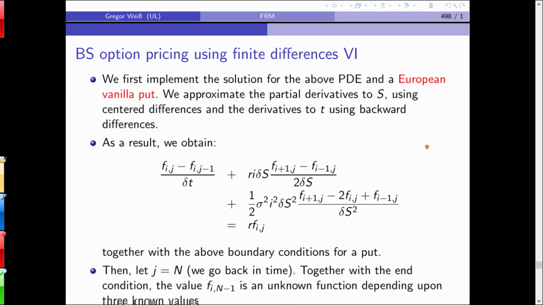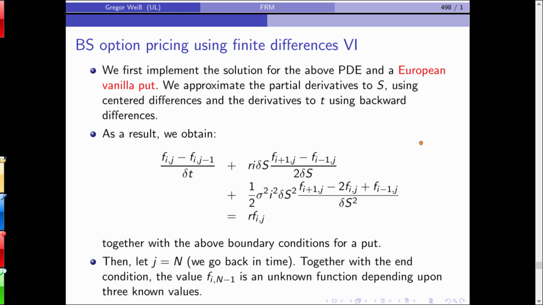Now, we first implement the solution for this partial differential equation in a European vanilla put. We approximate the partial derivatives using centered differences and the derivative with respect to t using backward differences. As a result, we get this expression. Now let j be equal to n, together with the end condition that in the end we know what the option pays out.